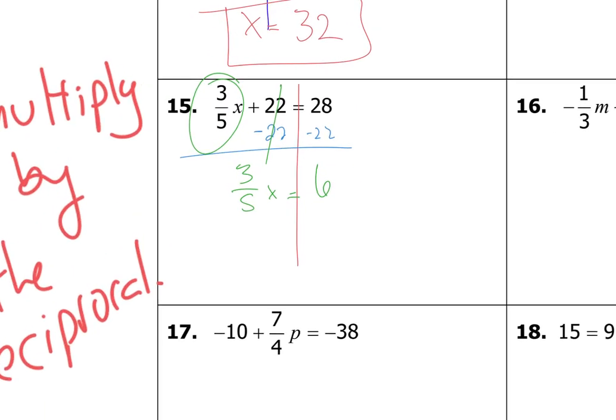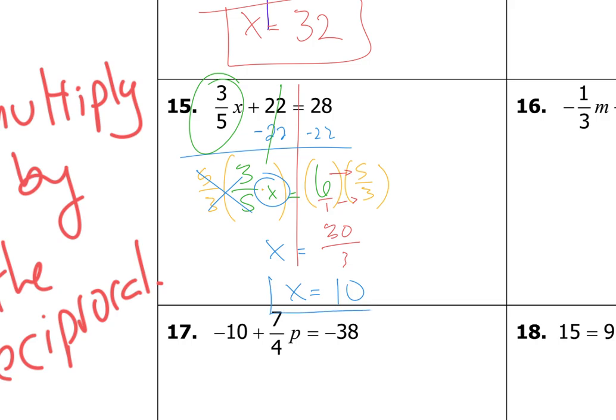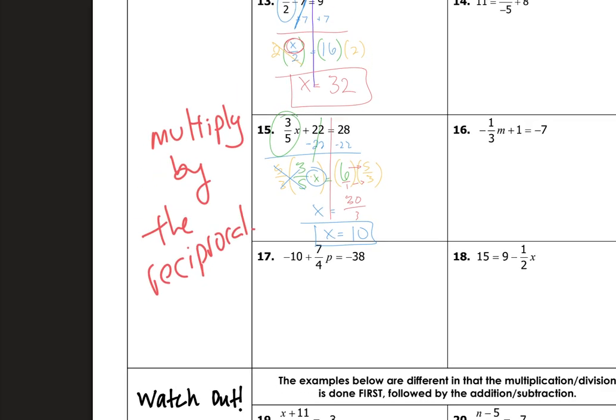Oh no, 3/5 times x? Should we divide by 3/5? You can, but just remember that dividing by a fraction is the same as multiplying by the reciprocal, okay? So 5/3 cancels, leaving us with x equals, and then if you want to, just multiply straight across. 6 over 1. 6 times 5 is 30. 1 times 3 is 3. Maybe you saw right away that it was 10. Maybe you didn't. Anyway, now you got it.